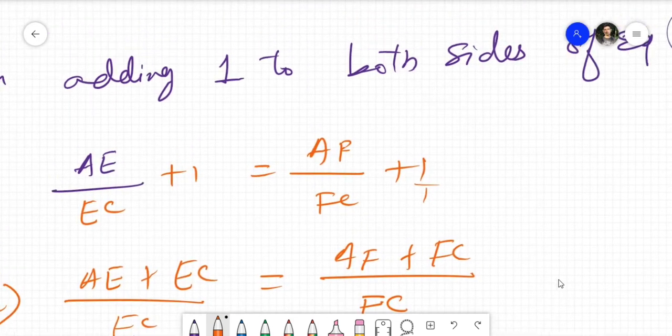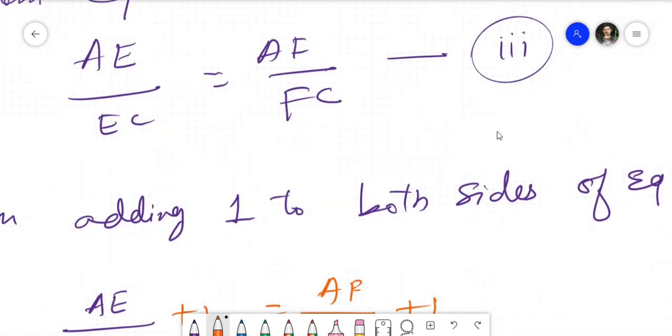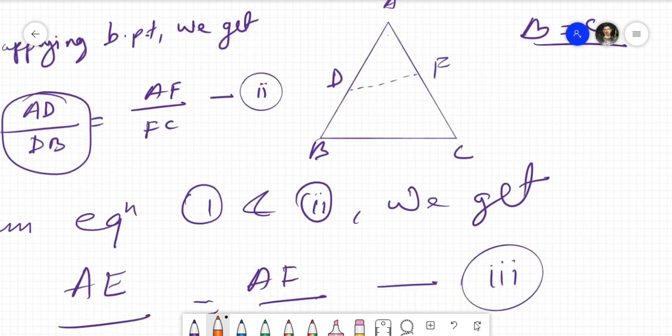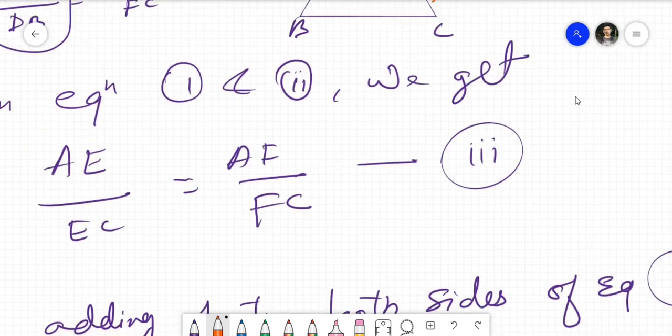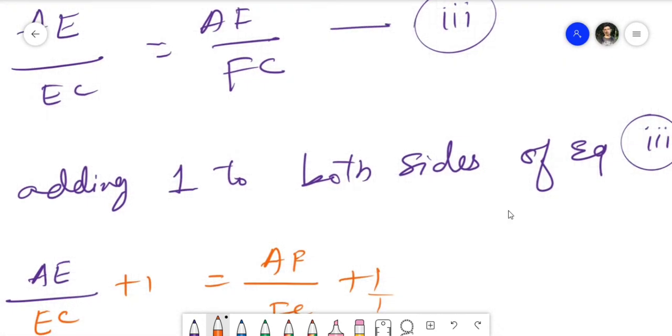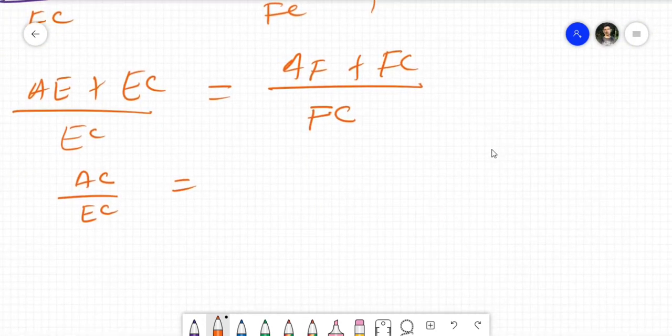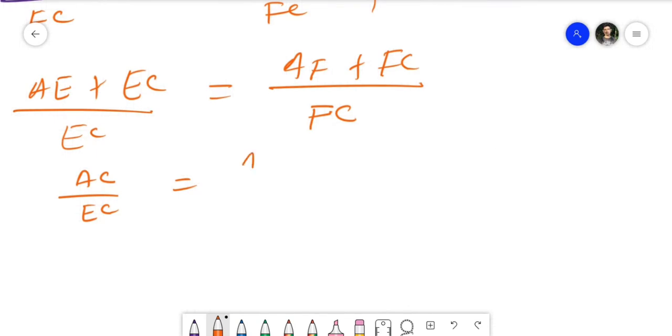AF plus FC, you will get again AC only, isn't it? You see, this is similar, not a different one. Try to understand that, because both are on the same line. So I can write here AC by FC.